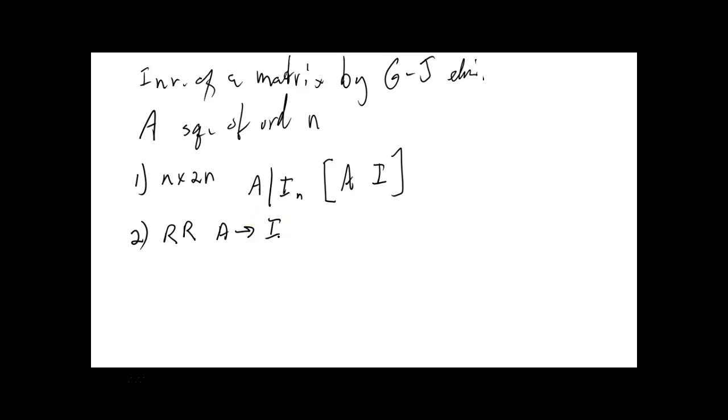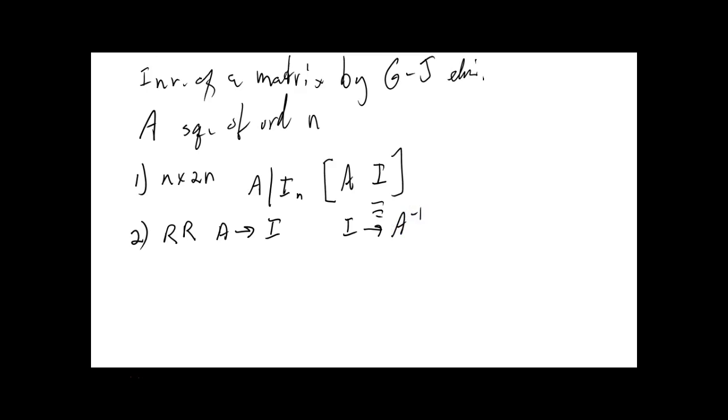Now, if you can't get it to become the I matrix, that means there is not an invertible matrix. The A does not have an inverse. If A does have an inverse, then you can reduce it to the I matrix. But while you're doing that row reduction, you're also doing those same operations on I, and what you wind up with, the I has moved from I to become A inverse.